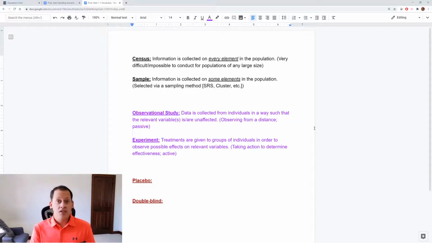In that observational study, we're sitting back, we're letting life happen, and we're taking notes of what's going on. In an experiment, we're like, okay, you people do this, you people do this, and based on those treatments, based on what we're telling you to do, we're going to see if the treatments have an effect on something.